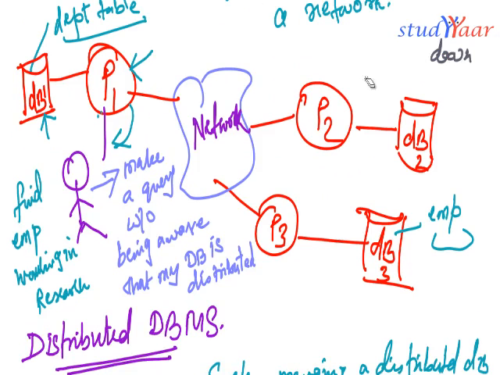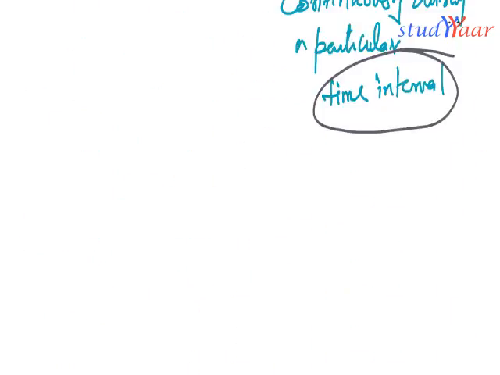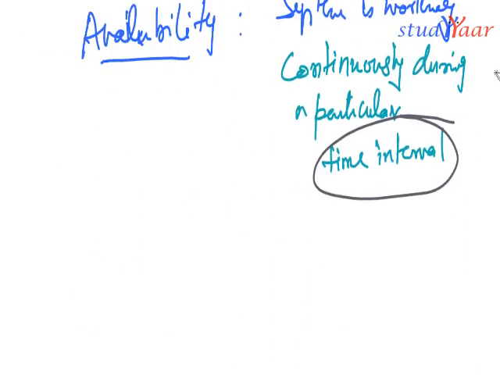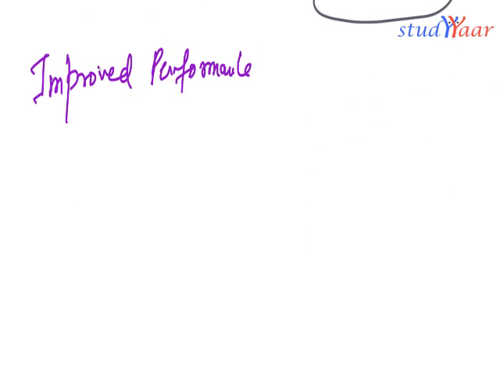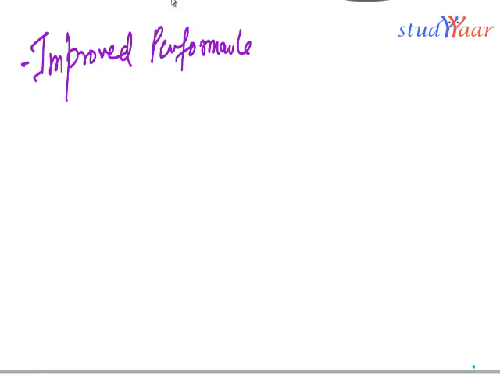Okay, and the next advantage now is improved performance. Okay, how the performance is improved, I'll explain by telling you how a centralized database system looks like.